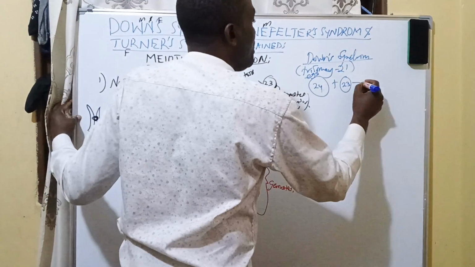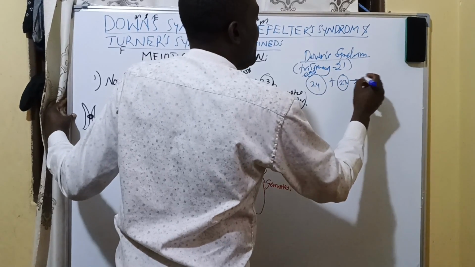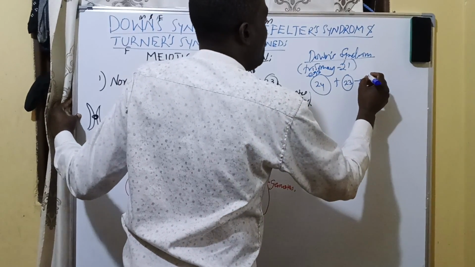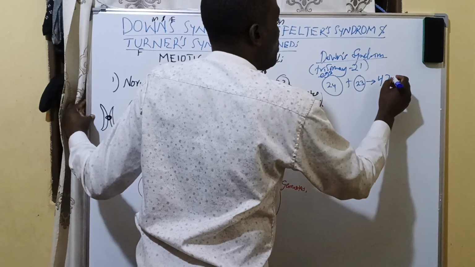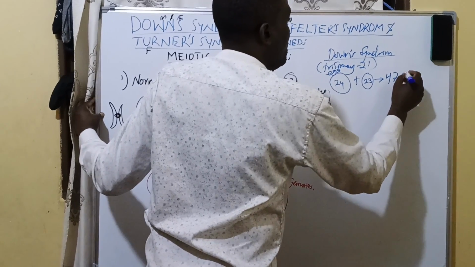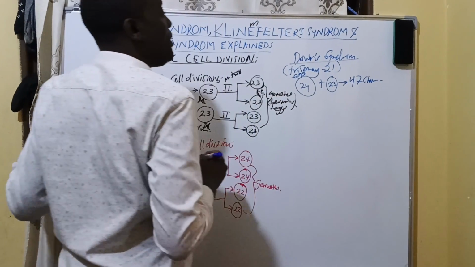So on fusing, what happens? The total will be 47 chromosomes. That one will be the total.